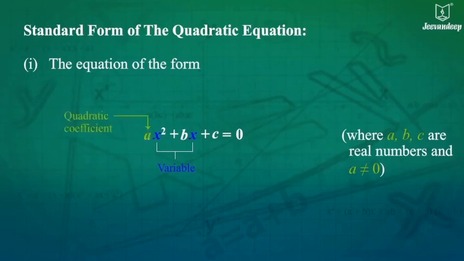Here a is called the quadratic coefficient, b is the linear coefficient and c is the constant term. For example, y square minus 11y minus 4 equals 0.